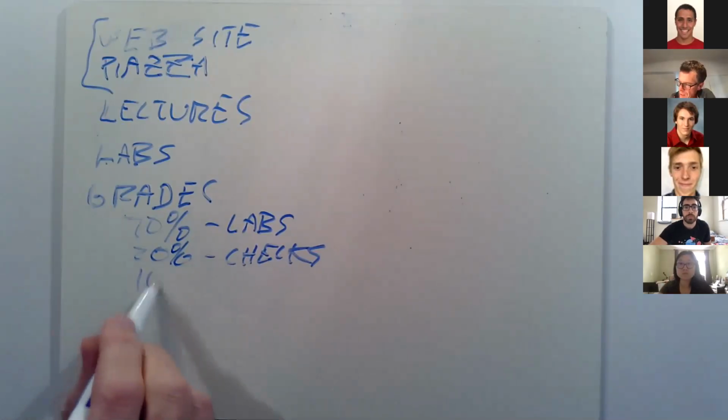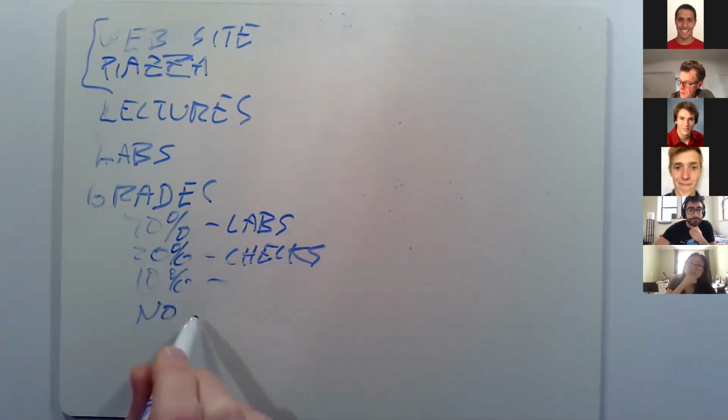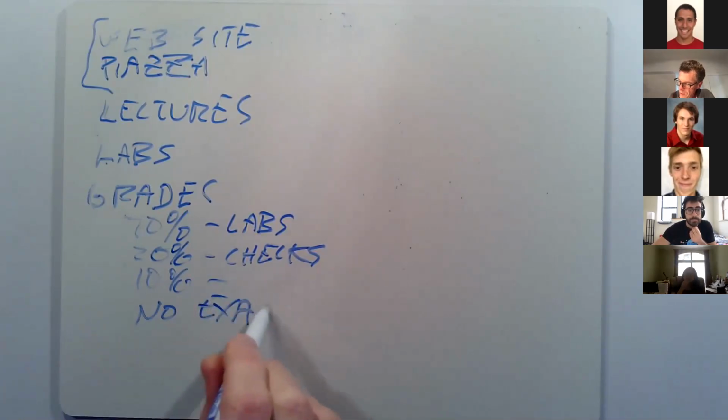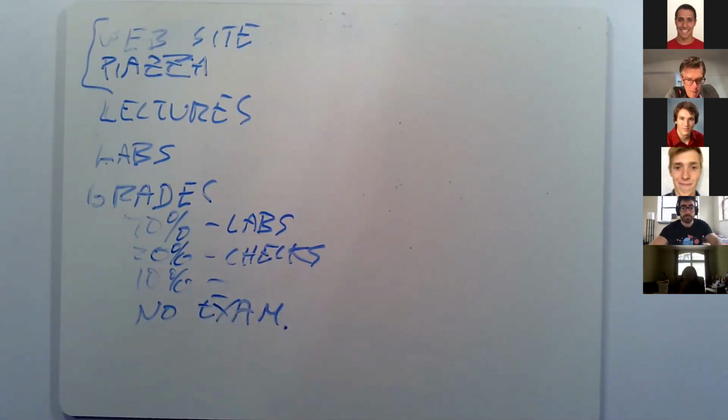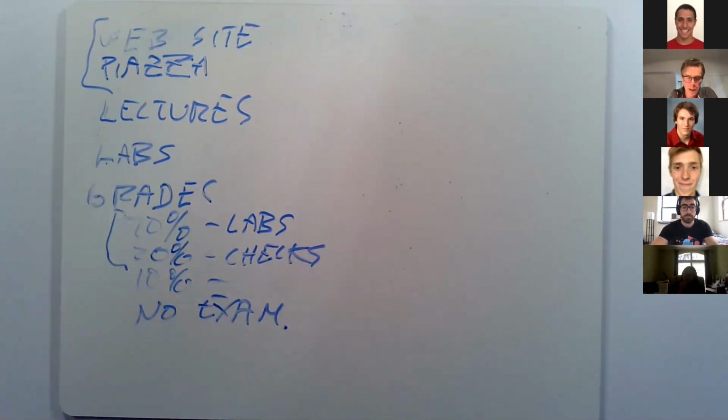The last 10% is going to be driven by the homework and participation during lecture and in Piazza. There'll be no exams or quizzes this year. And so what that means is that 90% of the grade is being driven by the labs.